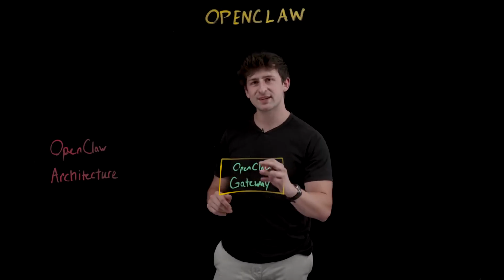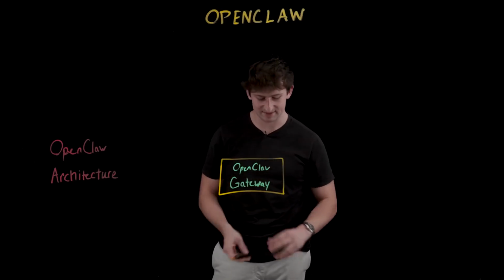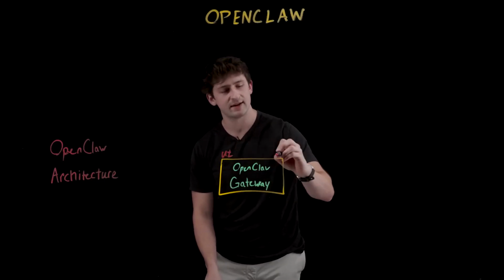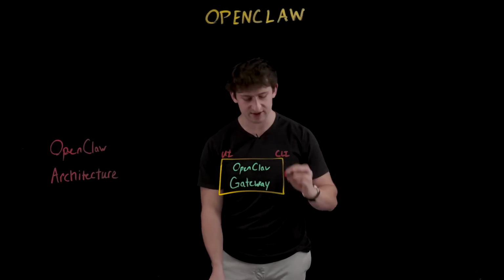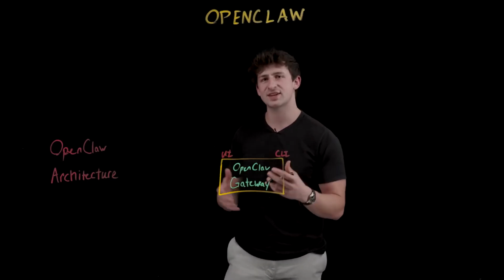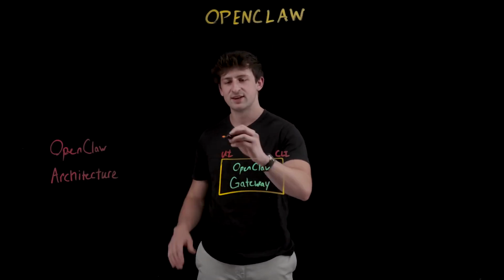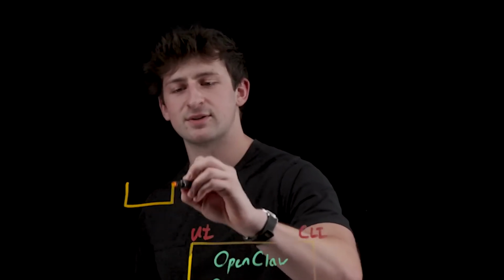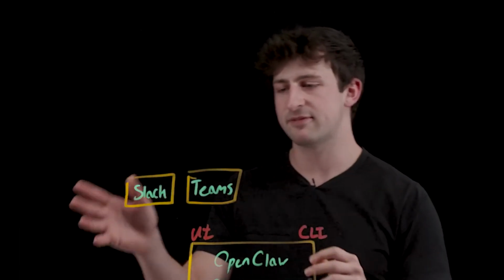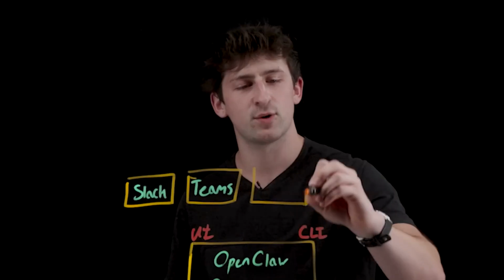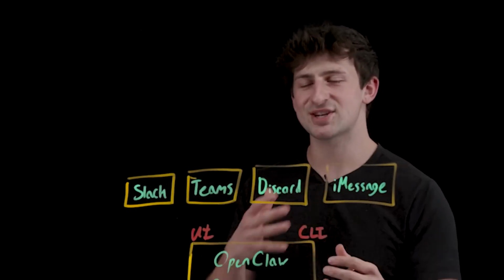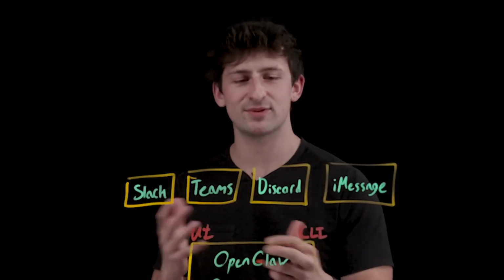But how do you actually communicate and access this main gateway? Well, there's two methods, including the UI and the CLI to actually manage the gateway. But when you're sending requests to your agent, you have messaging integrations through various channels. So these are going to include examples like Slack and Teams, as we talked about before, but also Discord, iMessage, pretty much any kind of communication platform that you want to reach your agent with, you can.